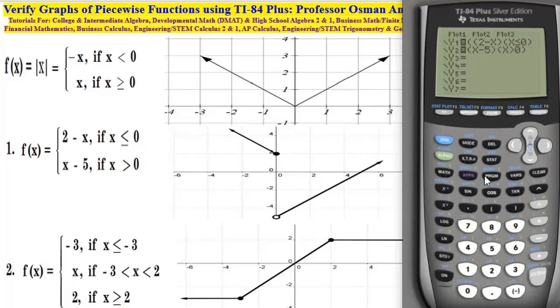Okay, and we'll adjust the window from -6 to 6 for the x values, and the y values from -6 to 6 again.